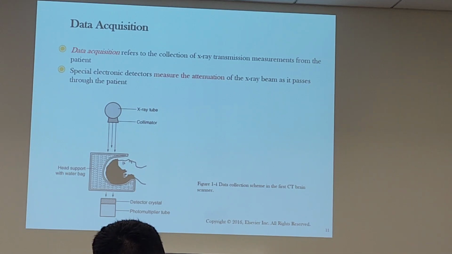And so basically the energy signals from this section, this section, and this section are all going to have different intensities. So this is what attenuation is. Attenuation is basically the energy going through, it's going to be passing through the body part differently.